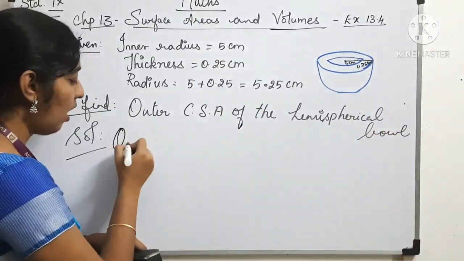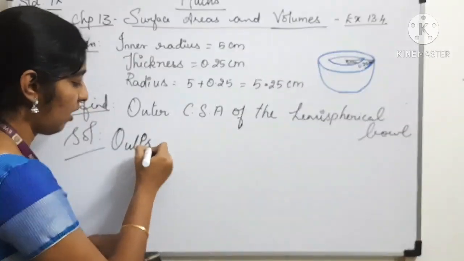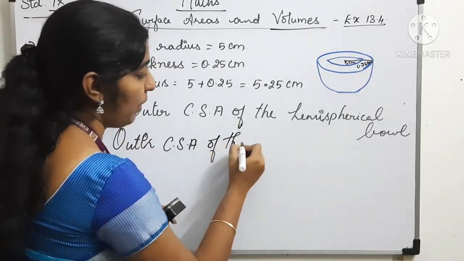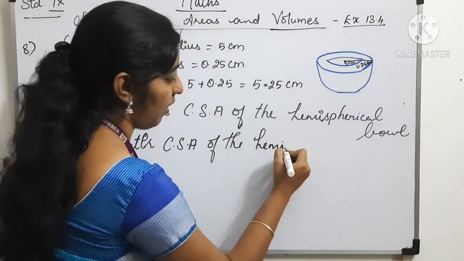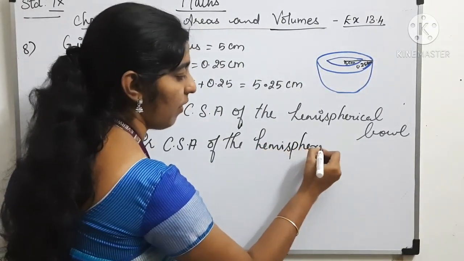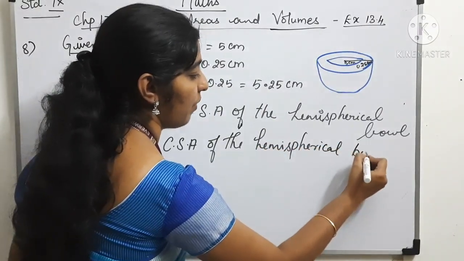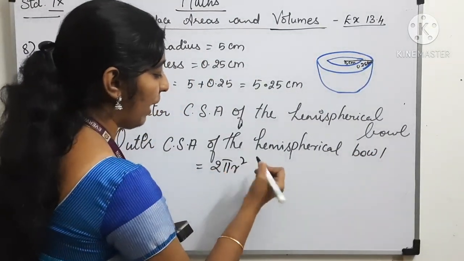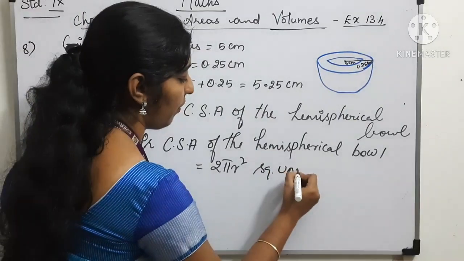So, solution: outer curved surface area of the hemispherical bowl is equal to 2 pi r square units.